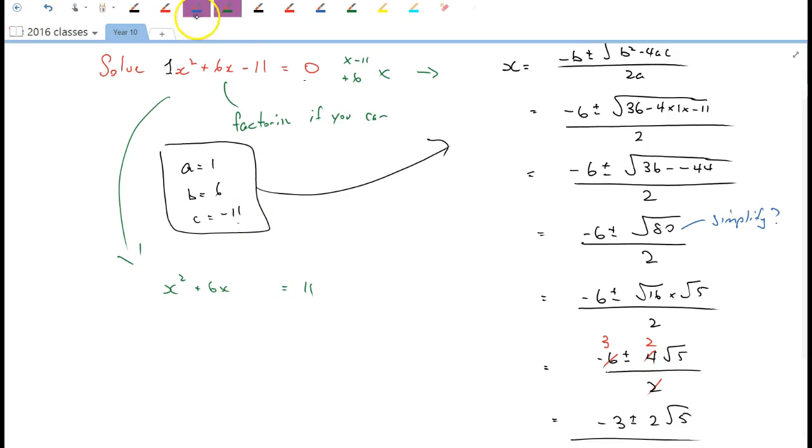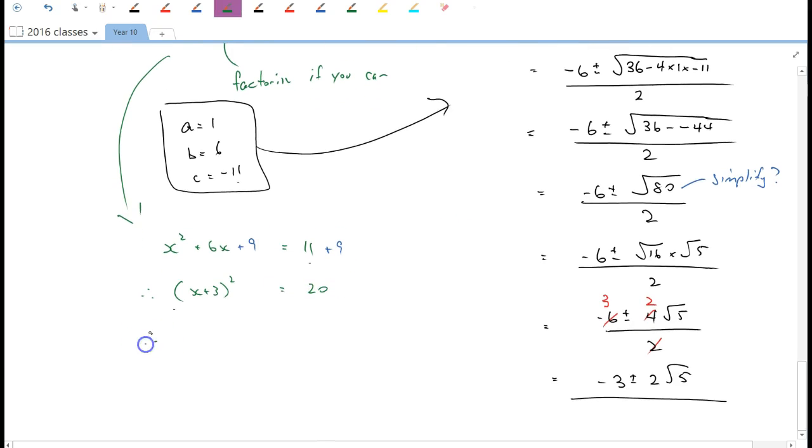So what do we do? We added 9 to both sides. Remember this? We had an x plus 3 on the left hand side, and a 20 on the right hand side, and then we took the square root of both sides. So we got x plus 3 is equal to plus or minus the square root of 20.